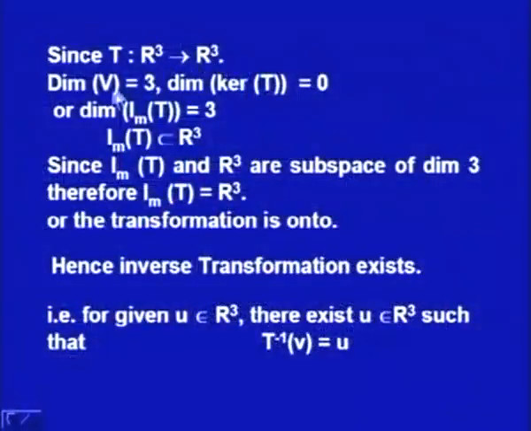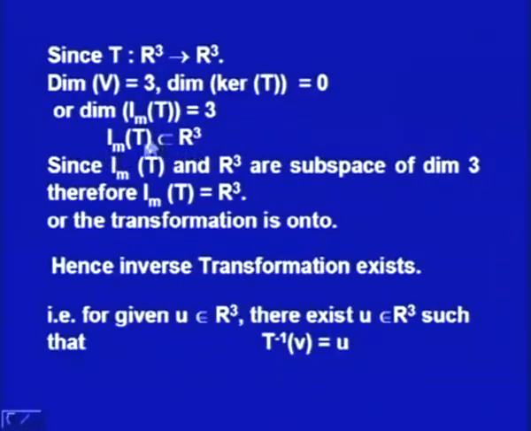Now, the mapping T, this linear transformation T, is R3 to R3. The dimension of domain is 3, dimension of kernel T is 0. Why? Because it is a 1-1 transformation. So, nullity is 0. So, from the rank nullity theorem, we will have dimension of image T is equal to 3.